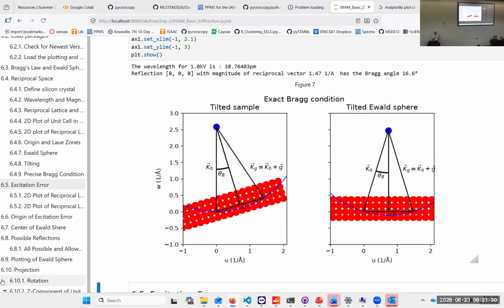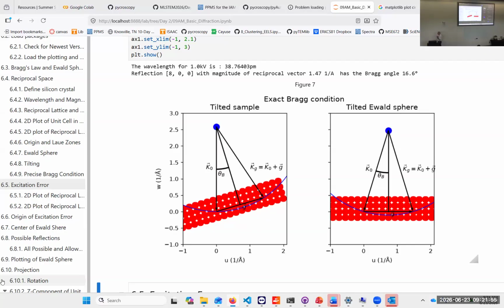No, that is not. The Ewald sphere is based on the electron beam. And a Laue zone is defined in the crystal. Okay. So the Ewald sphere is completely independent of that.